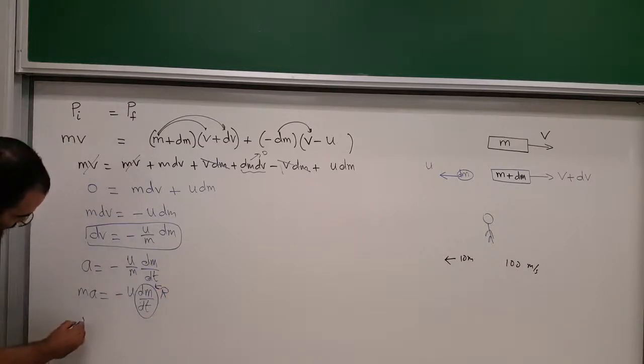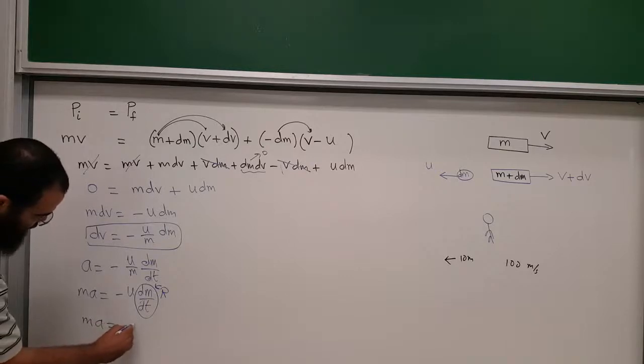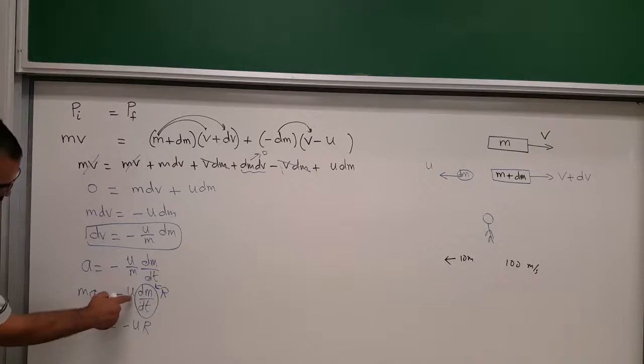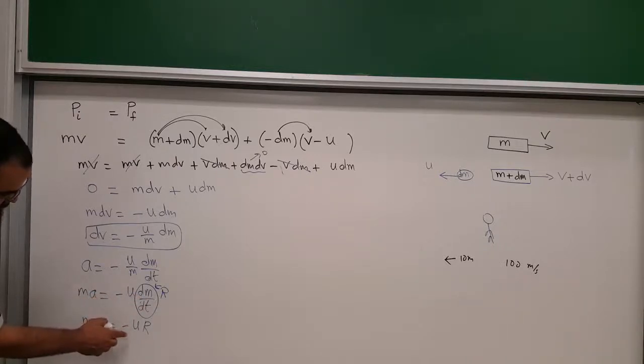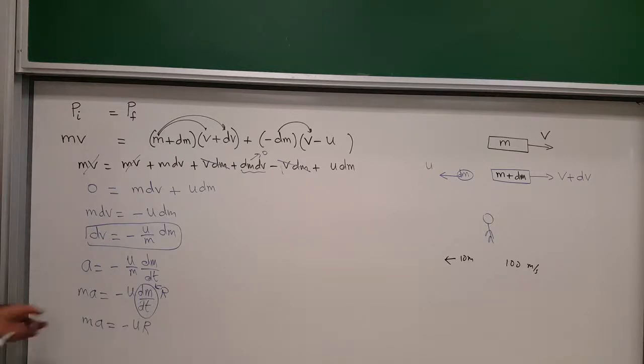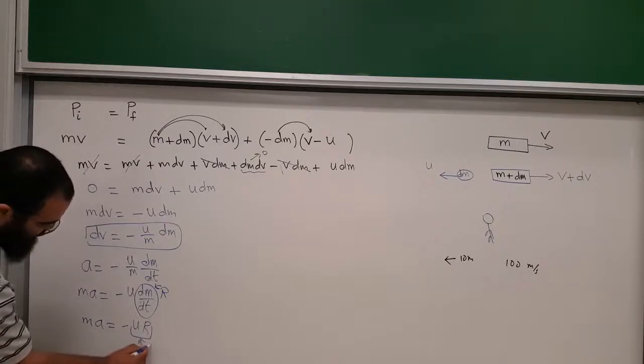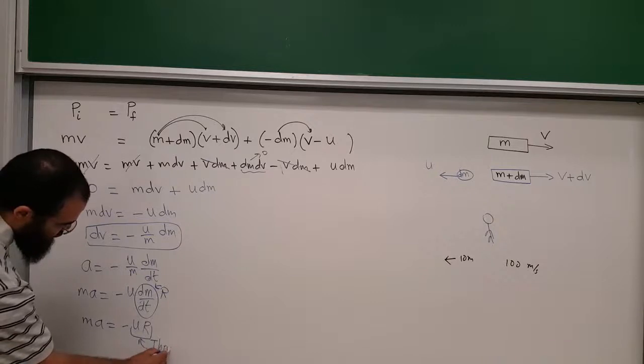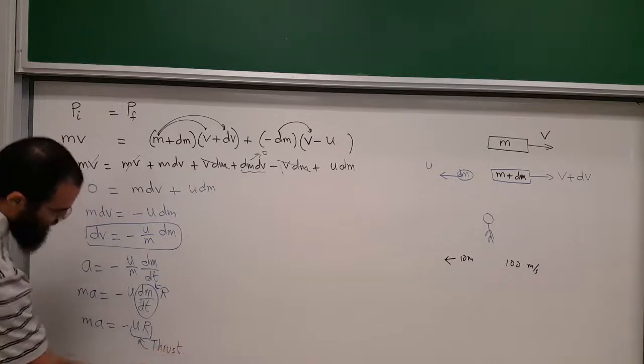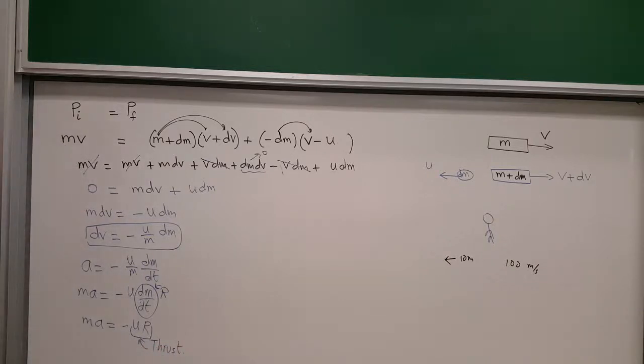And so you have ma will be negative u times r, or actually the absolute value of this dm over dt, even with the minus sign. So let me just leave it like that. And then ma is the force. So this force here, u times r, is called the thrust.